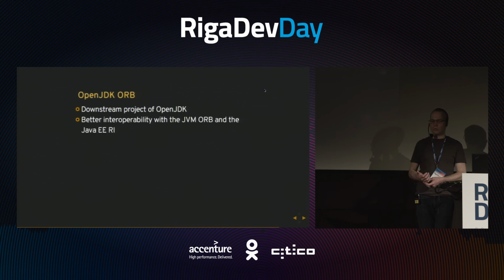If someone uses ORB, they often use the ORB that's located in the JVM. So to achieve better interoperability with such environments, we have changed the ORB so that it uses the same ORB. So that's another thing. And again, if you need to perform migration, it can be done very easily with our migration tools.